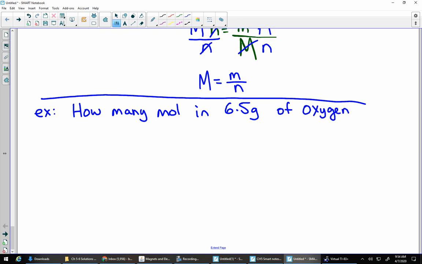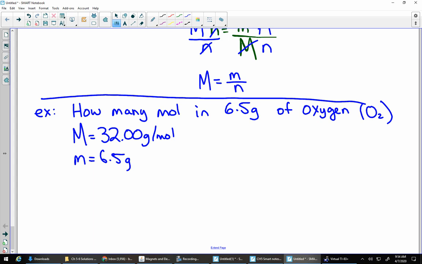I need to know the molar mass of oxygen, because that's what's going to get us back and forth. The molar mass of oxygen, which we already calculated earlier, remembering that it's O2, is 32.00 grams per mole. And I know my mass is 6.5 grams, and I'm looking for how many moles, so I'm looking for the amount.